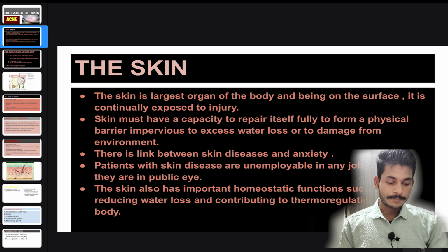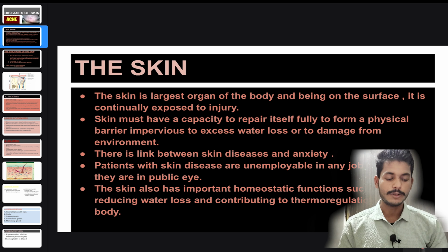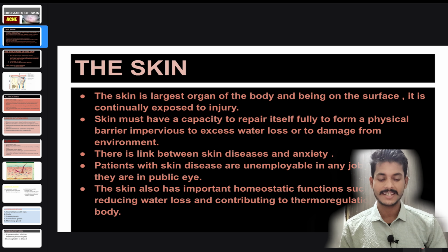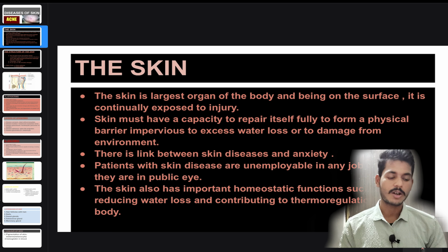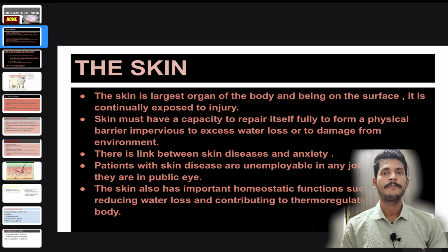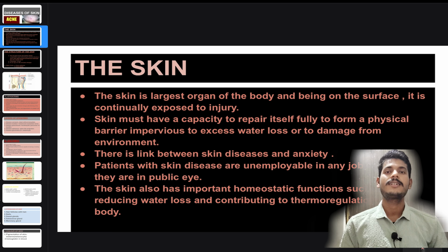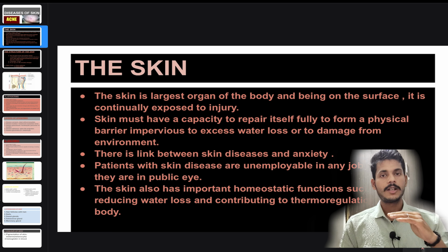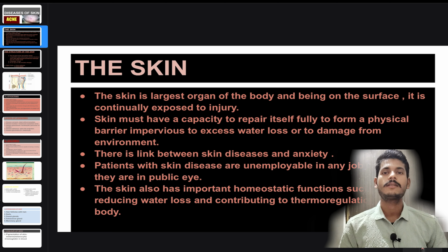Understood? So skin must have the capacity to repair itself fully to form a physical barrier which is impervious to excess water loss or to damage from the environment. You know that our body needs a constant environment, a constant equilibrium. For achieving that, we have a mechanism called homeostasis, isn't it?